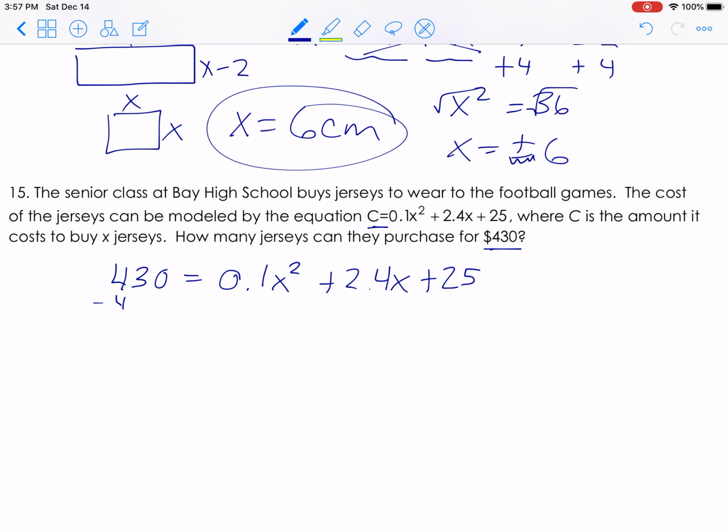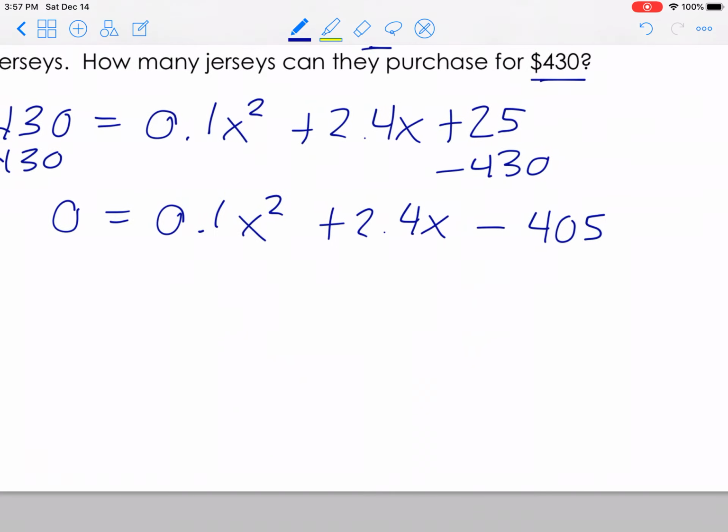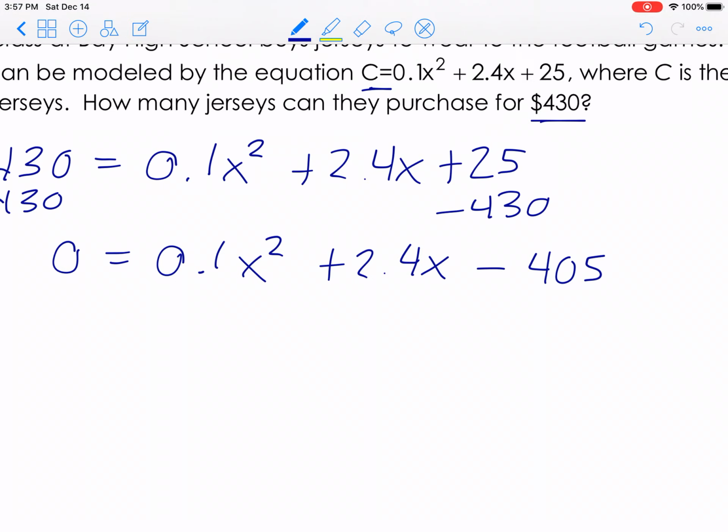Let's go ahead and put this in standard form. So we'll have 0 equals 0.1x squared plus 2.4x minus 405. And then I'm just going to go ahead and do quadratic formula here.